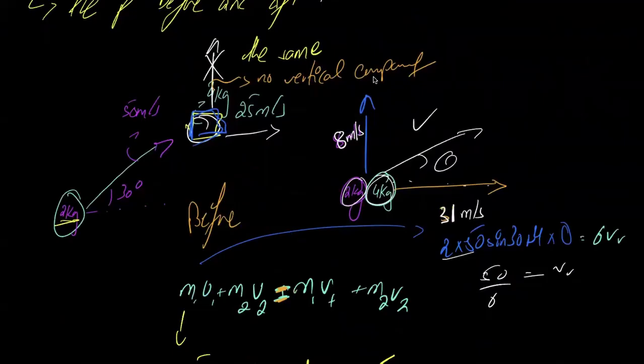In kinematics, remember whatever questions we used to do, we used to keep your horizontal motion and your vertical motion completely different. Remember? So here also we do the same thing. We solve our horizontal motion and our vertical motion separately.